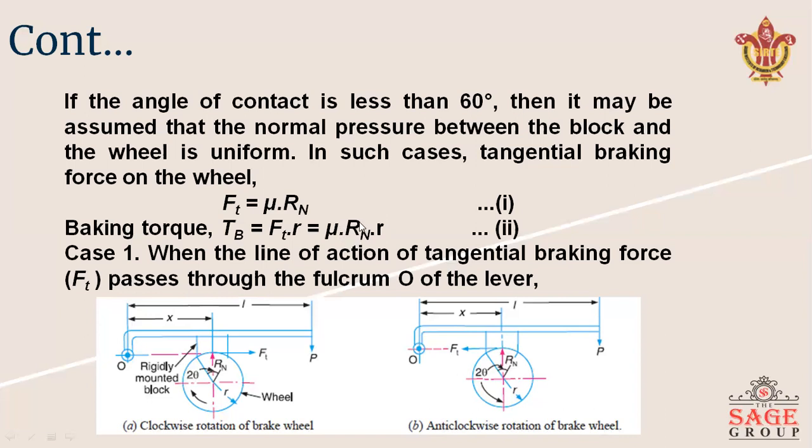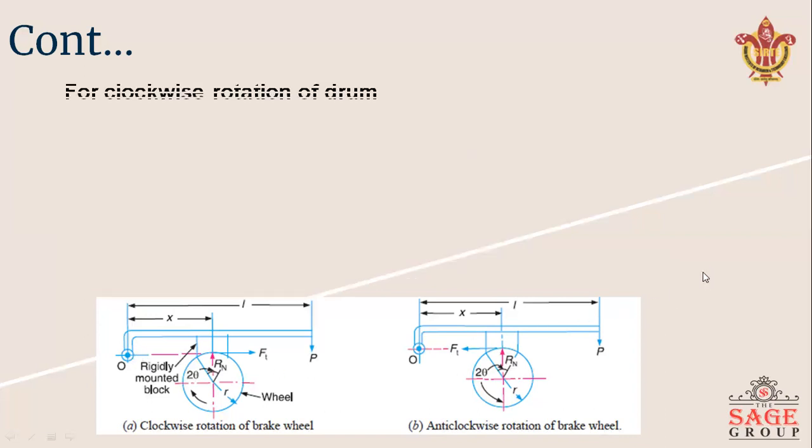Now we have to calculate the value of Rn, the normal reaction, by taking moment about the fulcrum O. For clockwise rotation of the drum, Rn into the perpendicular distance x has a clockwise direction, and P into L has an anti-clockwise direction.